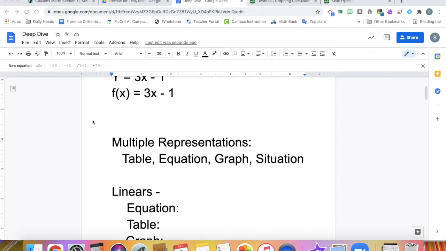And for all types of equations that you learn about, they're going to want you to go between the four representations. It's called multiple representations because there's multiple ways to represent all mathematical things. You can put them in tables, you can make equations out of them, you can make a graph out of it, and it could all relate back to a real-world situation.